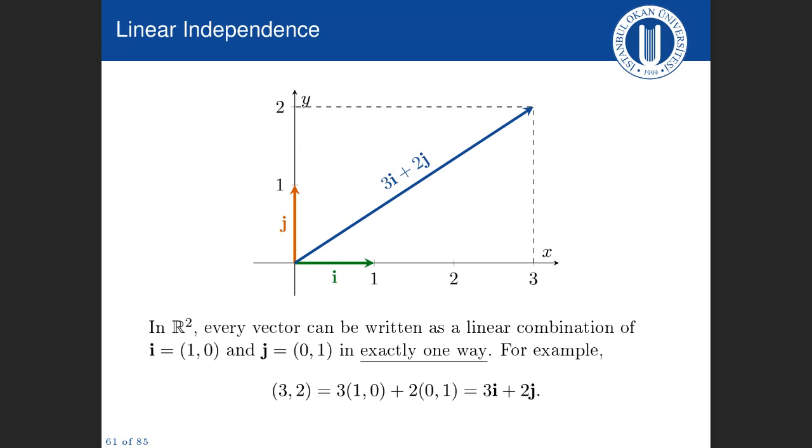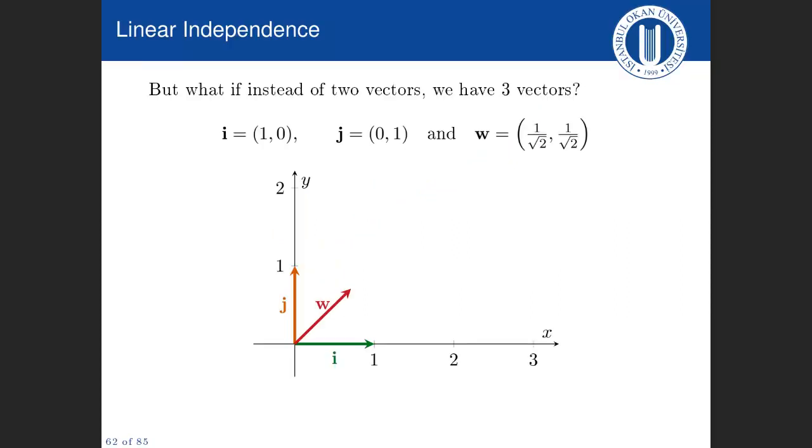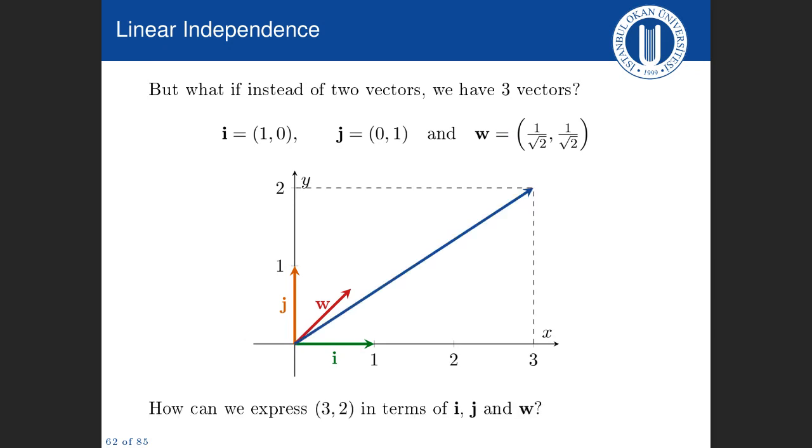There's no other way to write this vector using i and j. But what if instead of two vectors, we have three vectors? Let's suppose we have i, j, and w, and then the same blue vector as before. How can we write the vector (3, 2) in terms of i, j, and w?